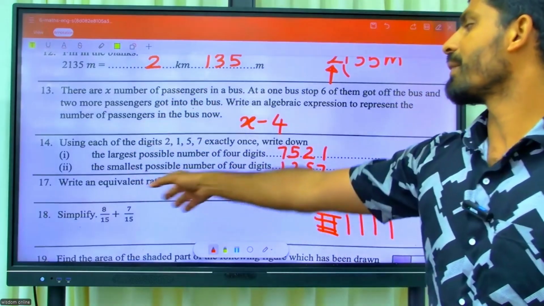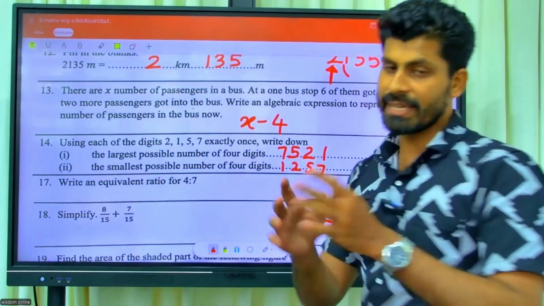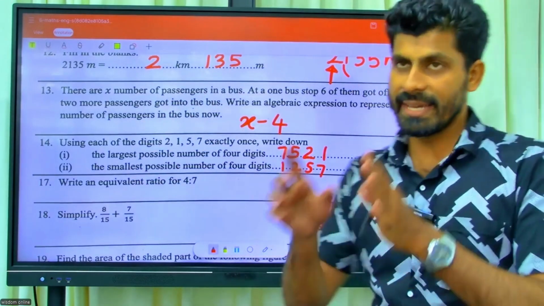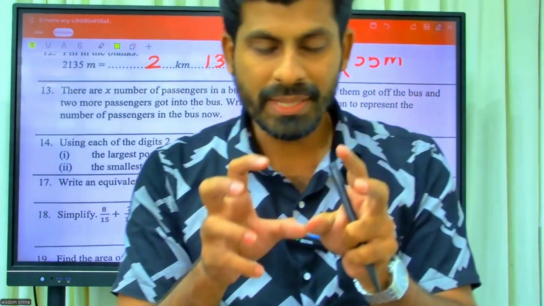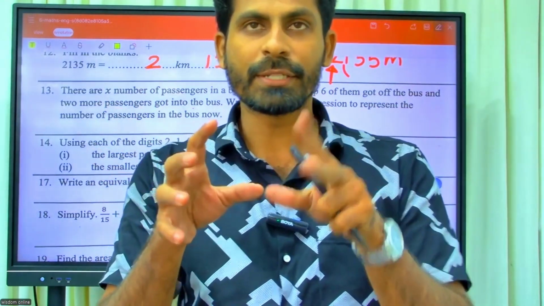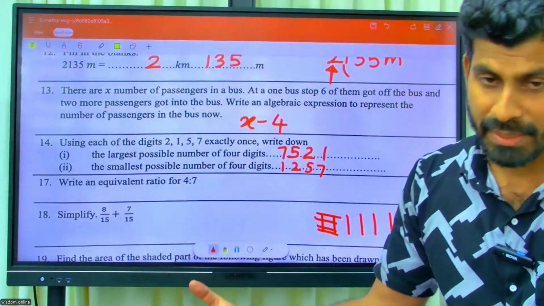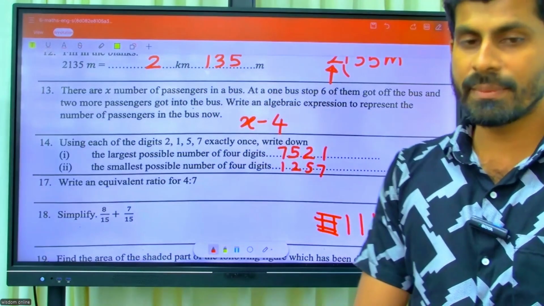Write an equivalent ratio for 4 to 7. There are 2 methods to create an equivalent ratio: we can multiply both by the same number or divide both by the same number.